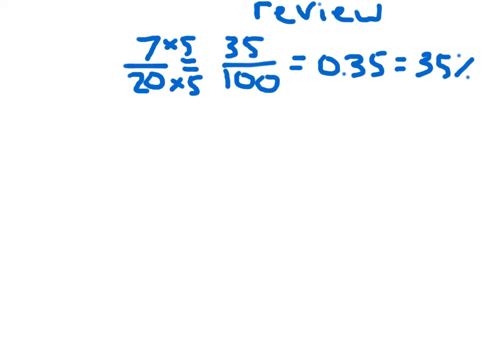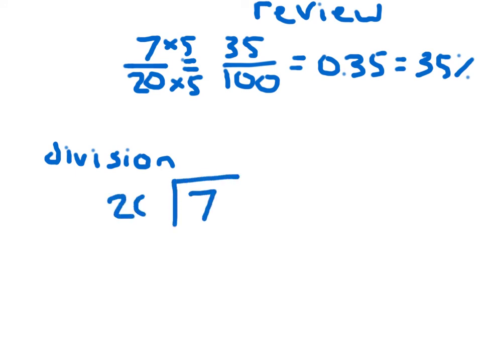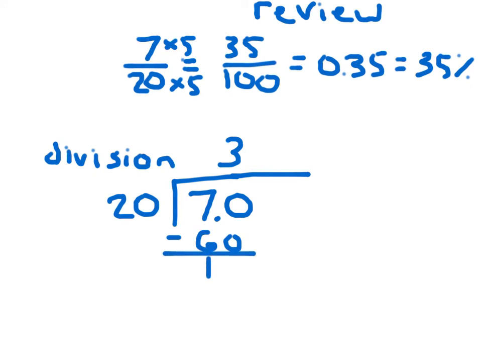Now our other method was to use division, and so if we look at that original problem again, we can read 7/20ths as 7 divided by 20. And then we'll go ahead and write that out there. 7 divided by 20. And then we can write 7 as 7.0. And in this case here, 20 can go into 70 three whole times. 3 times 20 is 60. 70 minus 60 is 10.